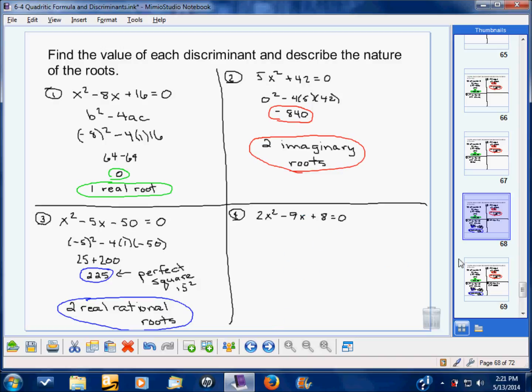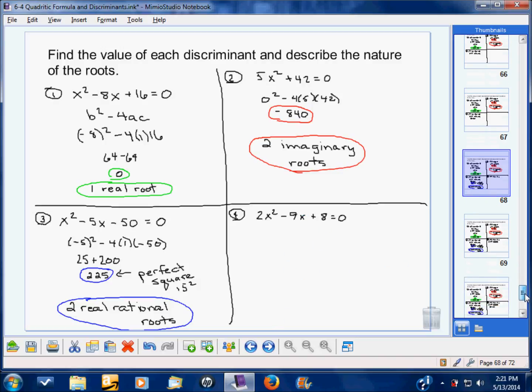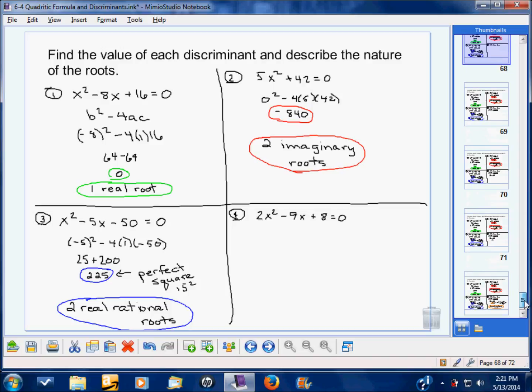Okay, and then we have this last one to evaluate. What's A? A is 2, B is negative 9, and C is 8. So you're going to plug it into b squared minus 4ac. Negative 9 squared minus 4, because it's always 4, times 2 times 8.